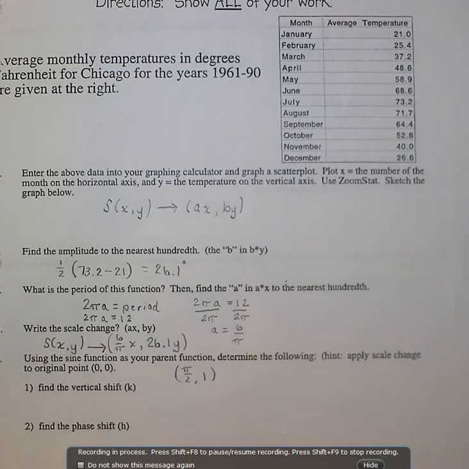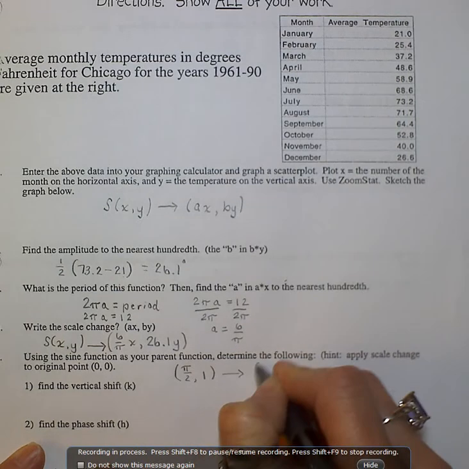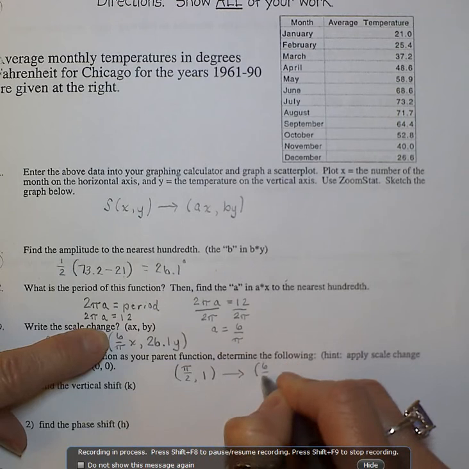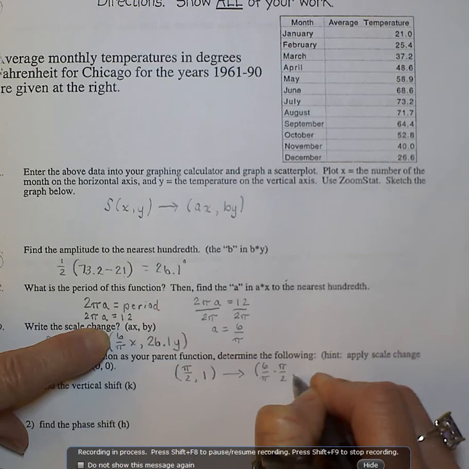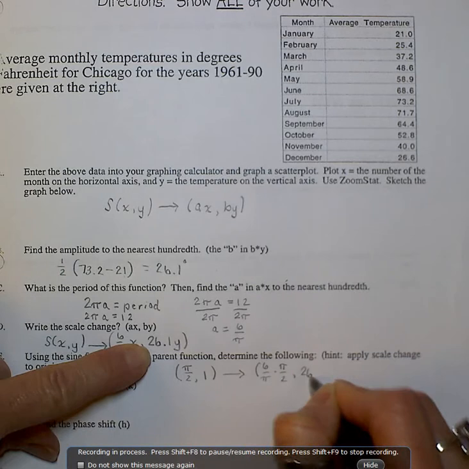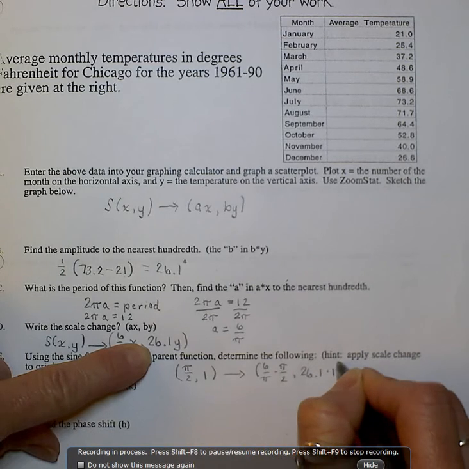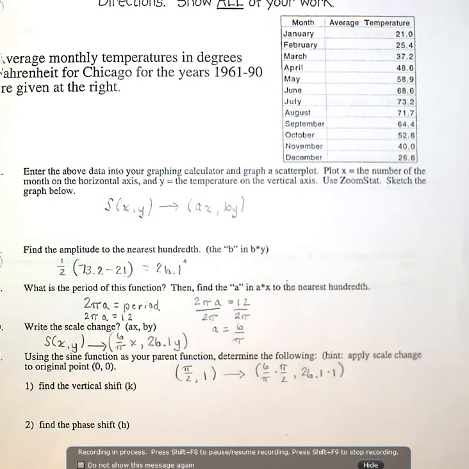Right? Now, if I perform the scale change on that point, then that means I need to multiply my pi over 2 by 6 over pi, and I need to multiply my y, in this case 1, by 26.1. So all I'm doing is I'm transforming that bump just with the scale function. Okay? Ooh, that's better. It's a little bit too bright though, isn't it?